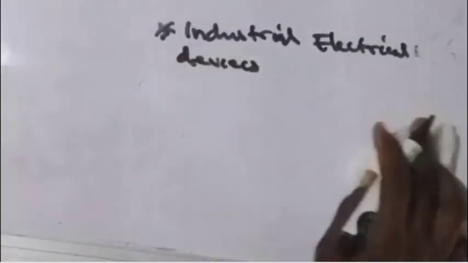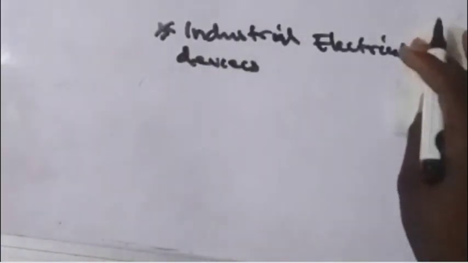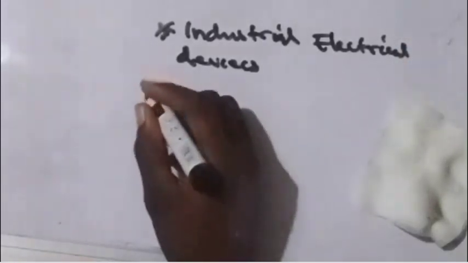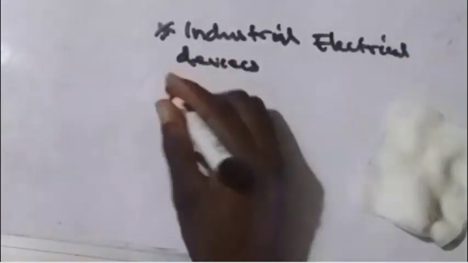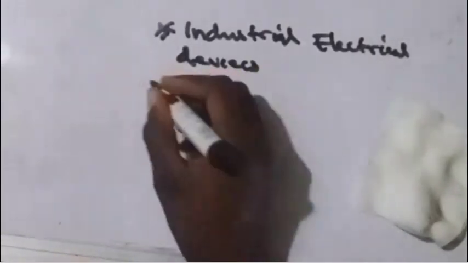Let's start from number one, which is industrial electrical devices. So let's see examples of electrical devices.